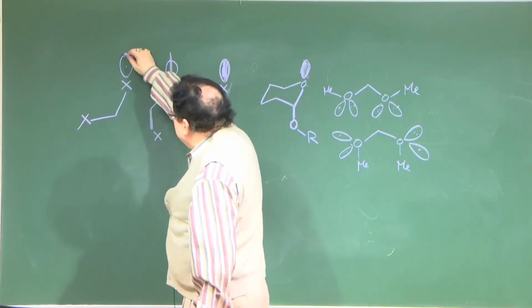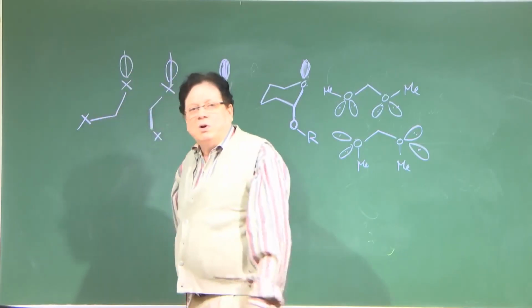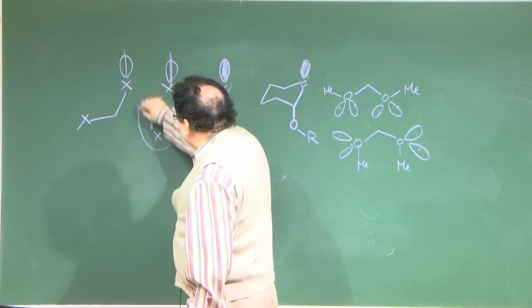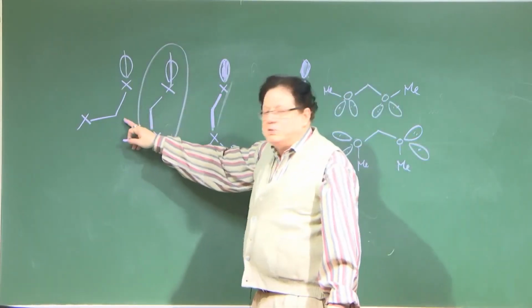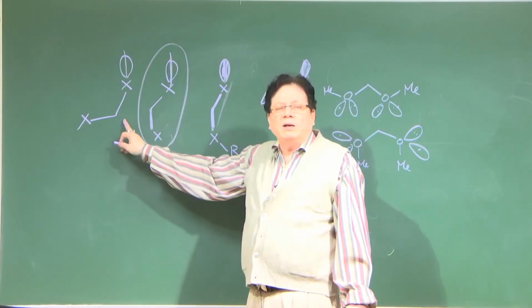However, here this is not anti to this bond. So, if a system adopts this type of conformation, there is one anomeric effect. If a system adopts this type of conformation, there is no anomeric effect.